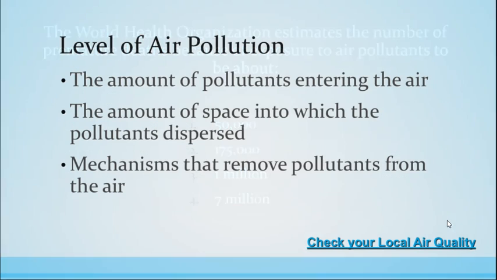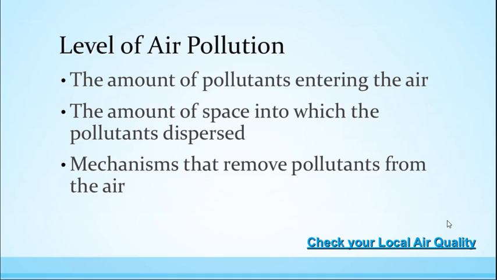Okay, so what determines how much air pollution you're going to be exposed to? Well, first of all, obviously, it's the amount of pollution that's entering the air. It's also going to be the amount of space. Concentrations will go down if you have a larger amount of space into which the pollutant has been dispersed, right? And then, of course, some pollutants are actually scrubbed out of the air faster than others. Some are persistent. I mean, if you think back to our CFCs, they're persistent.